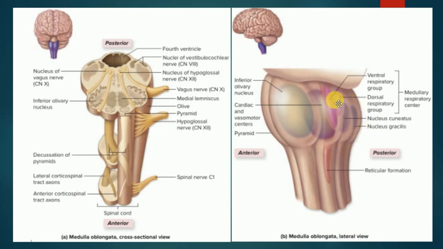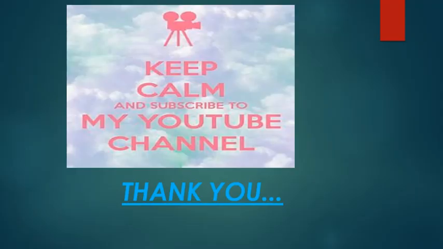The ventral respiratory group and dorsal respiratory group are collectively known as the medullary respiratory center, and this is about medulla oblongata.